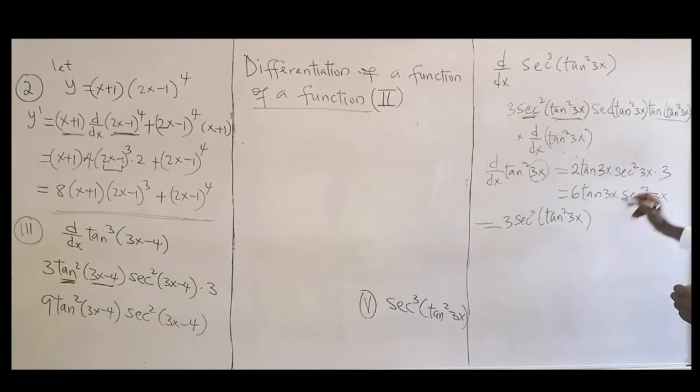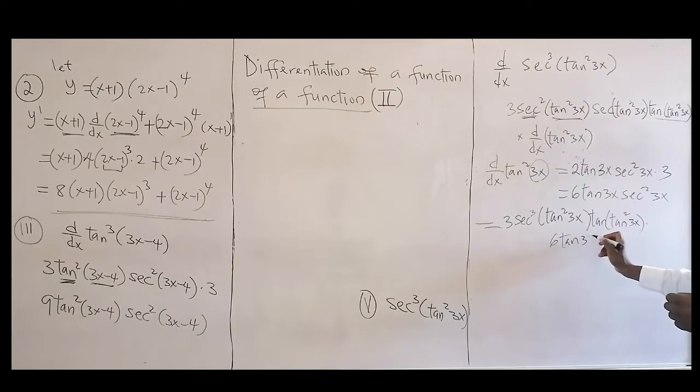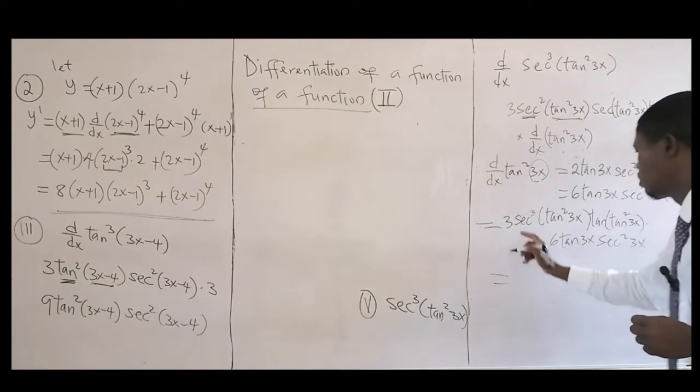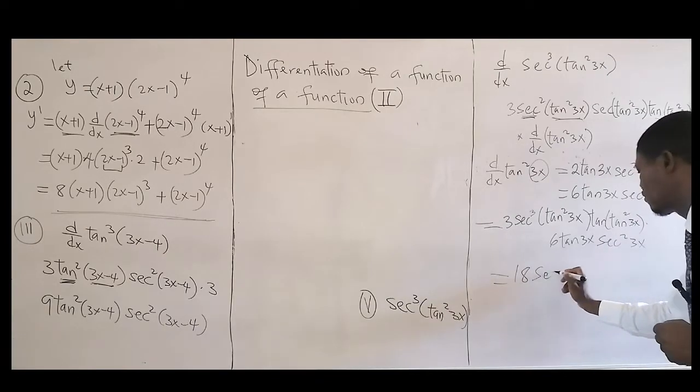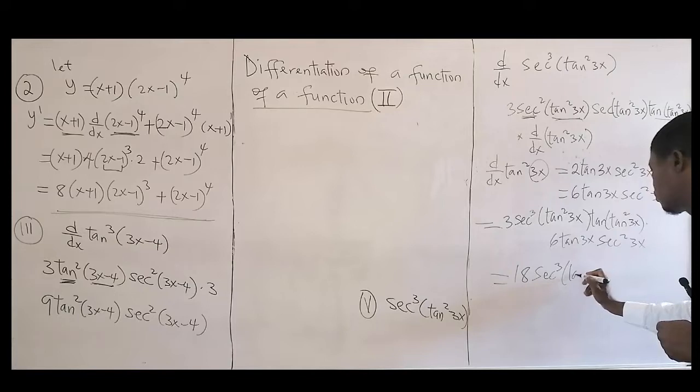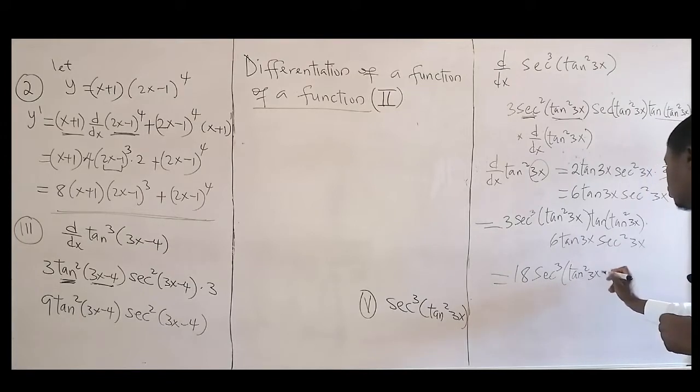Here we have tan squared 3x, and then times what we got here, 6 tan 3x sec squared 3x. The final answer will be 3 times 6, that's 18, sec cubed 3x.